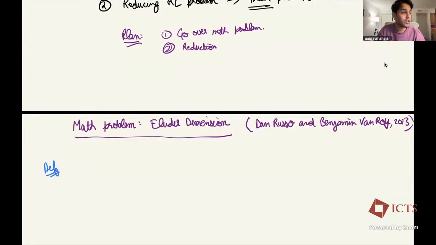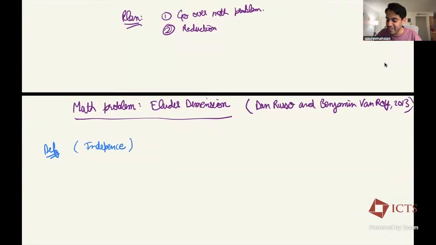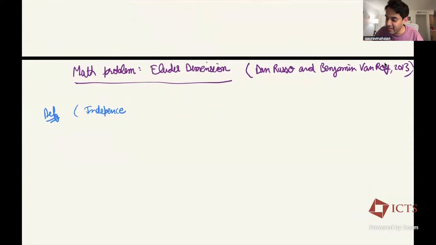Okay, so let's just quickly go into this problem. I'm going to first define independence under a linear functional class. This is not the usual independence from linear algebra. Maybe I should say scaled independence.